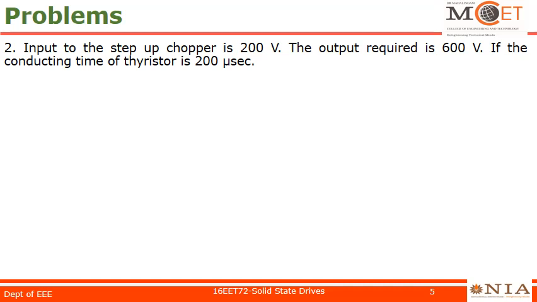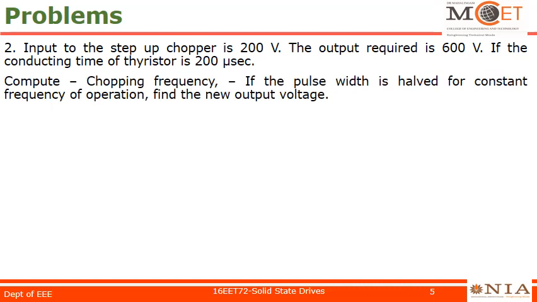Because the total time and the frequency are not known, we need to compute the chopping frequency. The other question is, if the pulse width is halved for the constant frequency of operation, find the new output voltage.